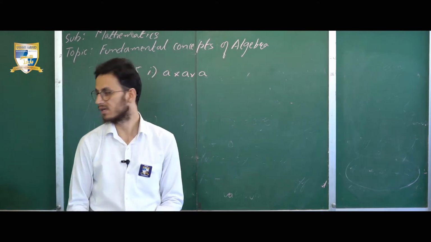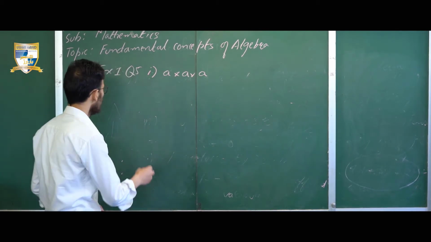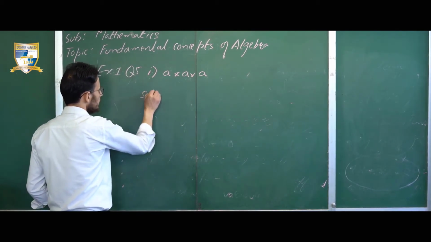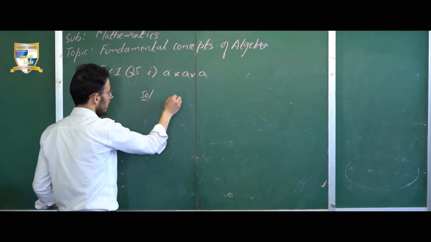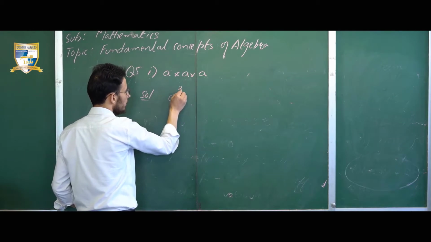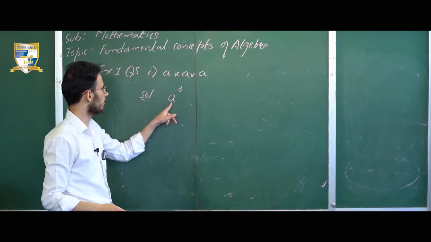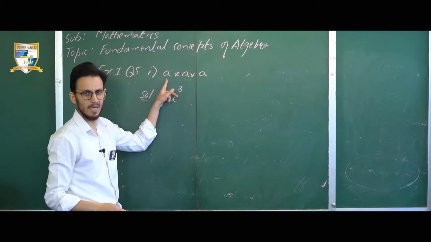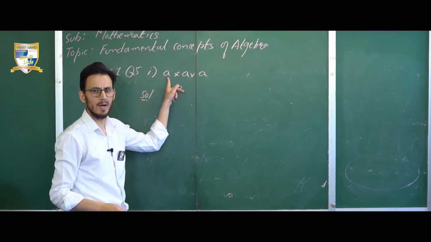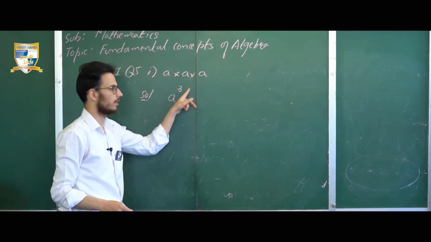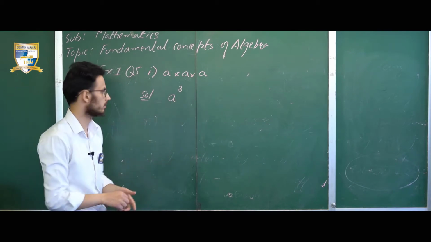Now we have to convert it into the power. So we can write it as A power of 3. Here the exponent 3 indicates that A is to be multiplied by itself 3 times, as mentioned in the expression. That's why I am putting the exponent, or the index, here as 3.